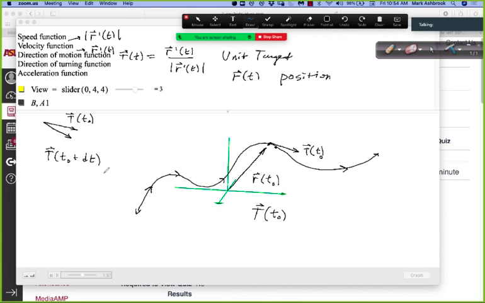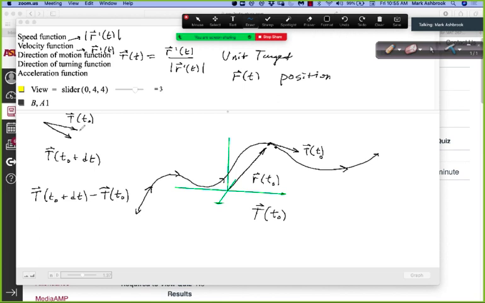Okay? And so then what would the vector T of t naught, so we're going to do vector subtraction. I've got it all ready for that because they're tail to tail. What vector would that be right there if I took this one minus this one?